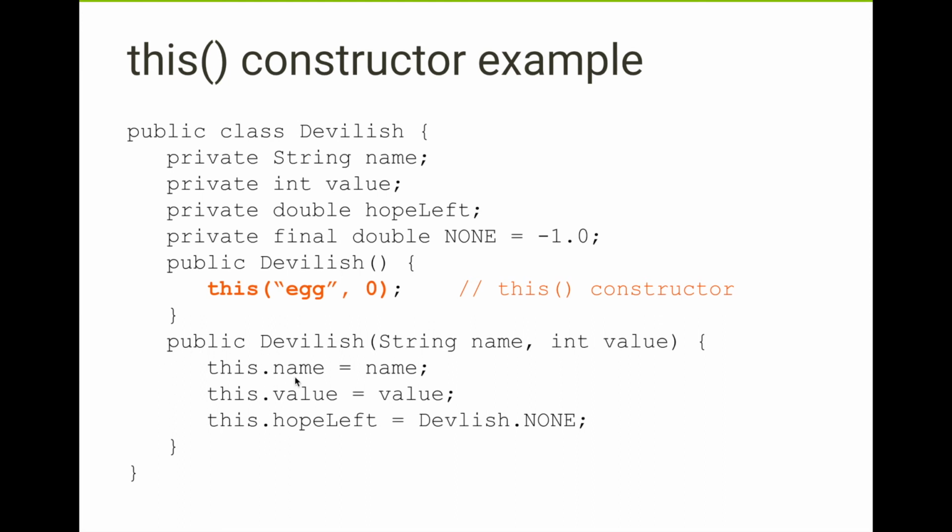I'm calling the constructor down here from within this constructor. Here is this constructor that calls down here. So that's what a this constructor is. I'm calling a constructor from within a constructor that allows me to leverage the behavior of one constructor from another one.